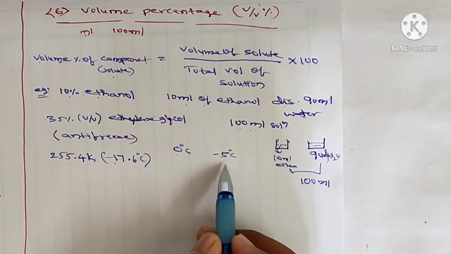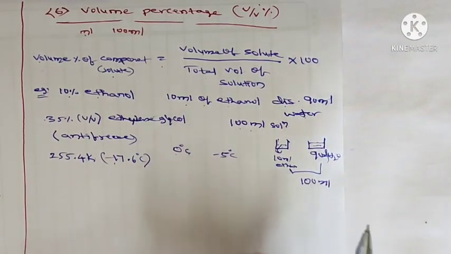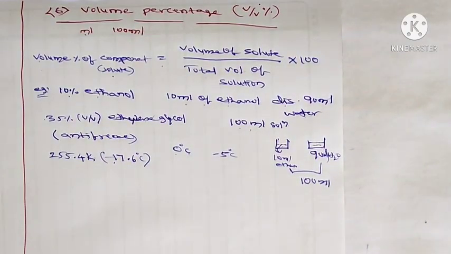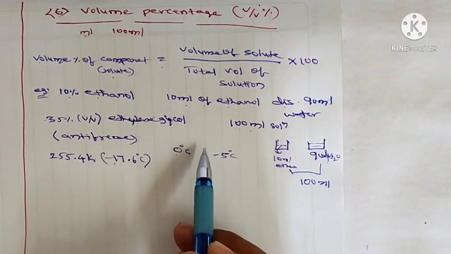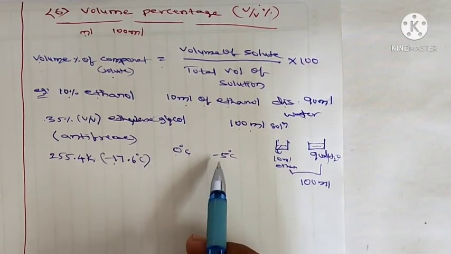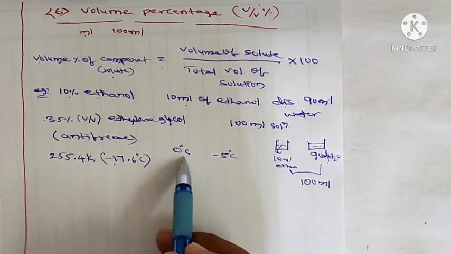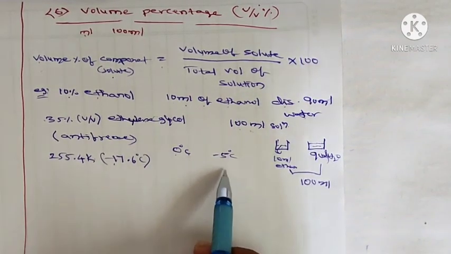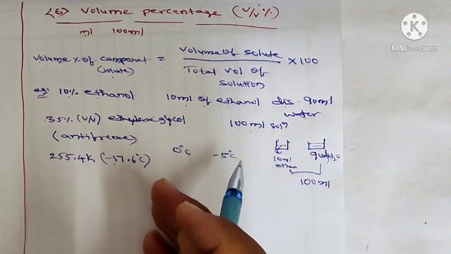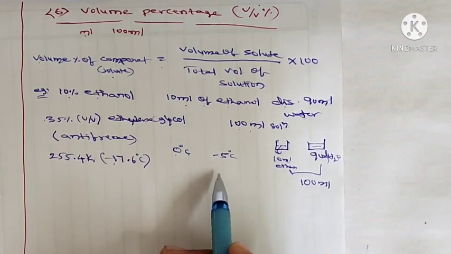At minus 5 or minus 10 degrees, below 0 degrees centigrade, the water is converted into solid, into ice. So we cannot use that water in the cars.